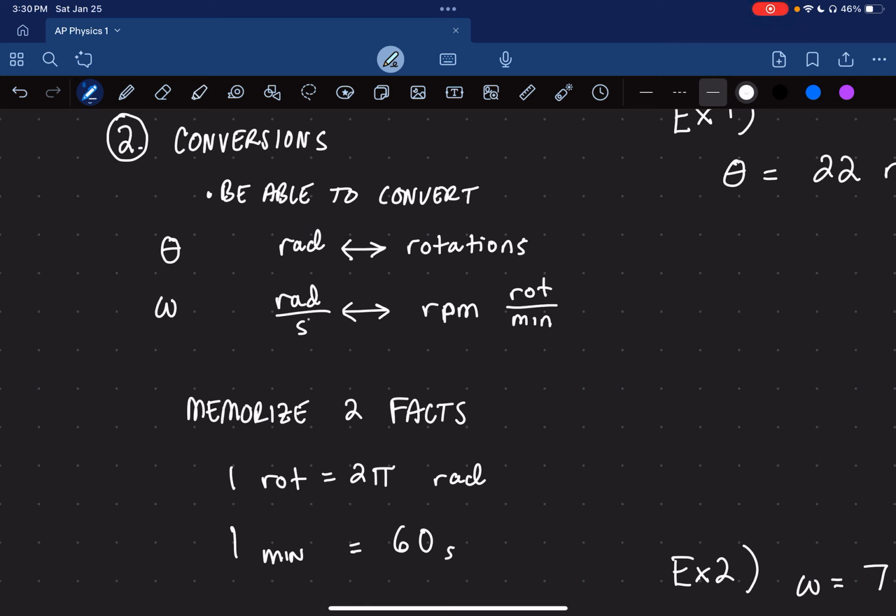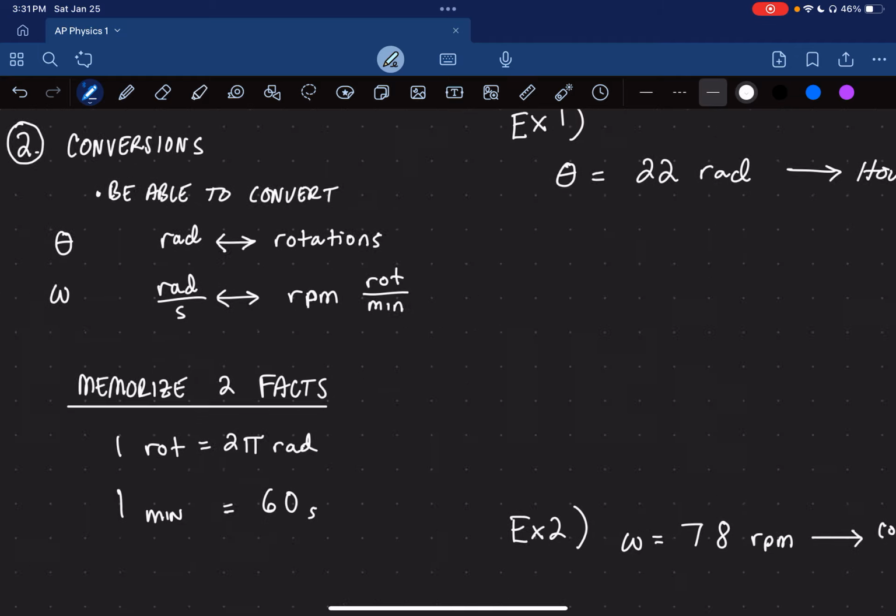So what if we go here, then we go there? So we have to memorize two things. One of these is really easy to memorize. One rotation is 2 pi radians, and then one even easier to memorize is 1 minute is 60 seconds.